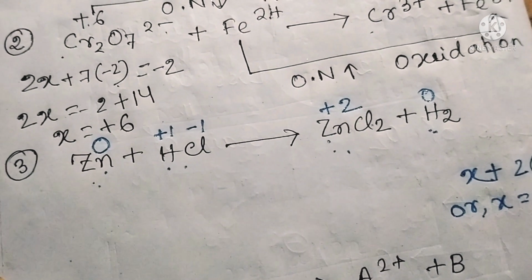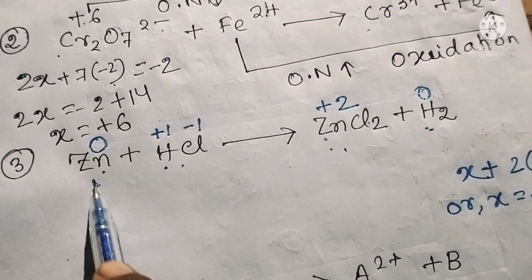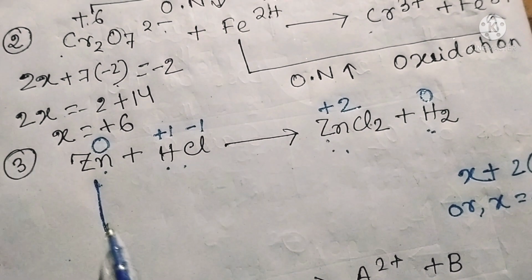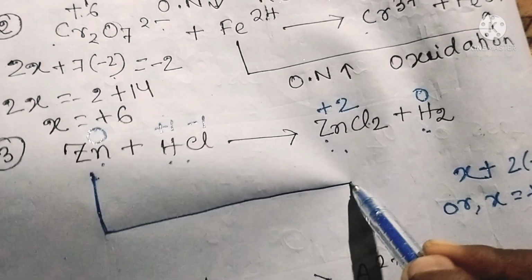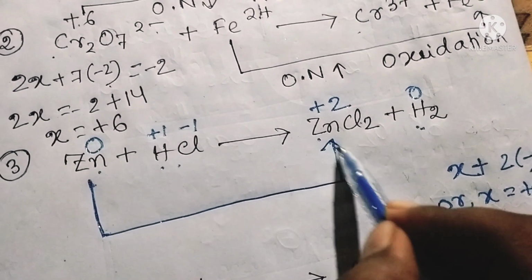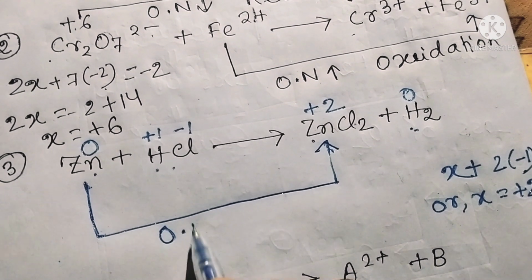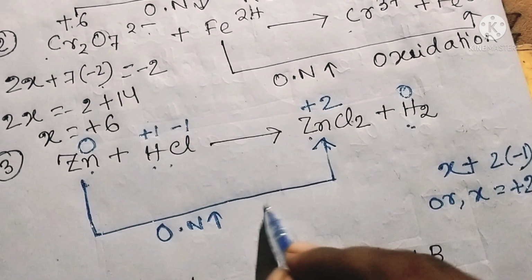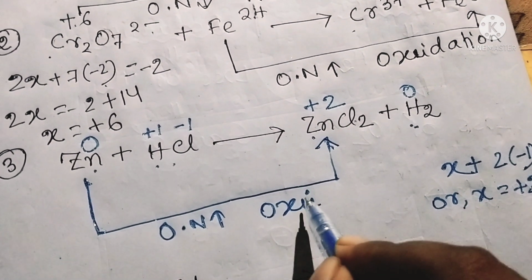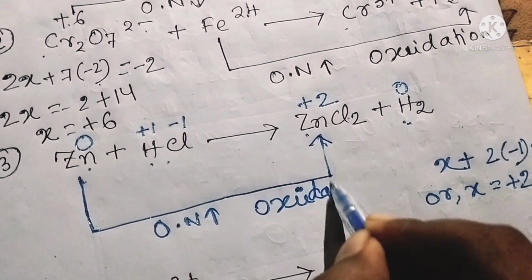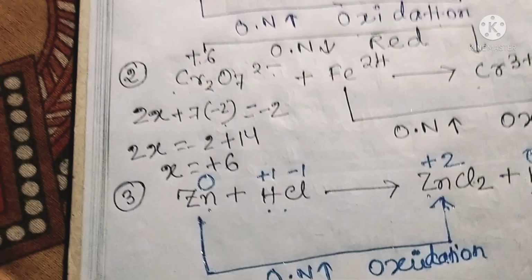Do you understand? So here the oxidation state increases from 0 to plus 2. So oxidation number increases, that means oxidation occurs.